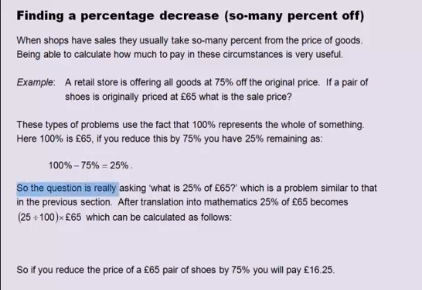So the question is really asking, what is 25% of £65? Which is a problem similar to that in the previous section.